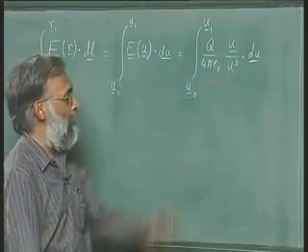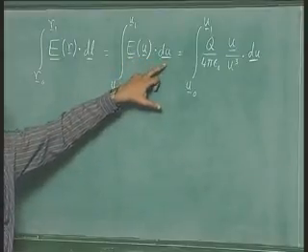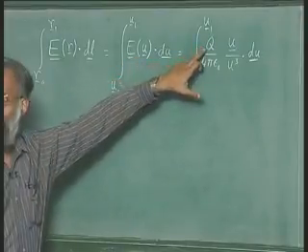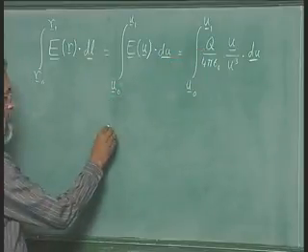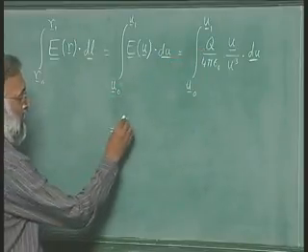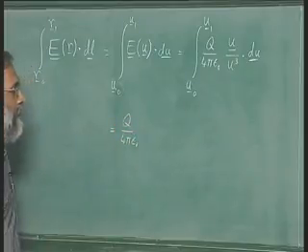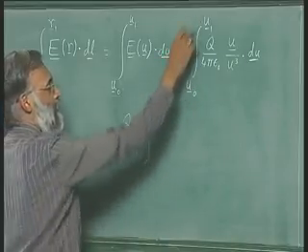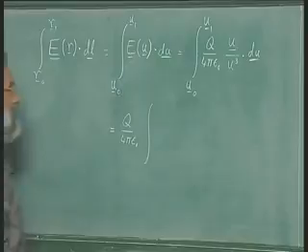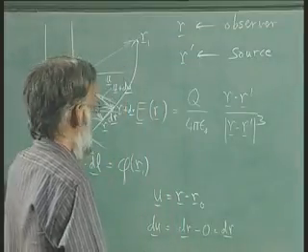But this is the problem we have already done. We have already done the problem of integral of E dot dl when the charge is at the origin, and the answer we got for that was it is equal to q over 4 pi epsilon naught integral. I replace the vector by just the distance, the radial distance from the origin.